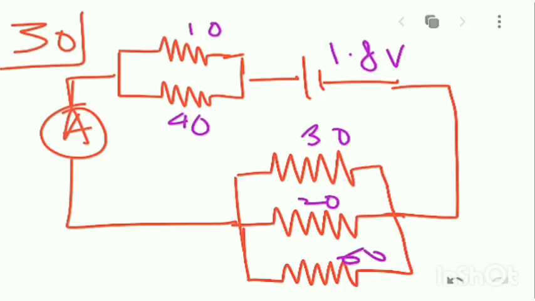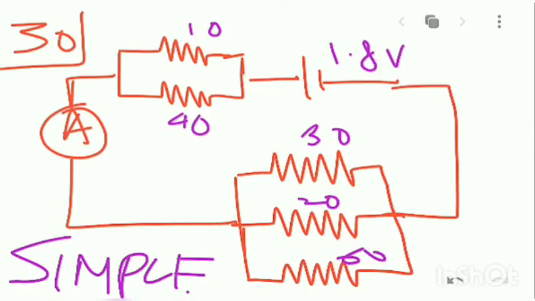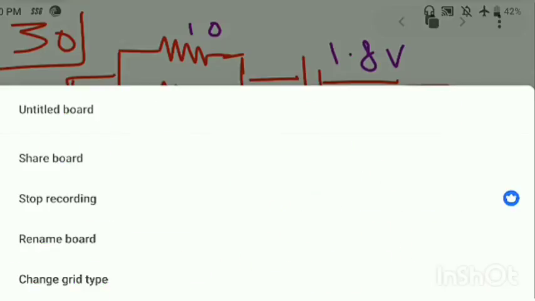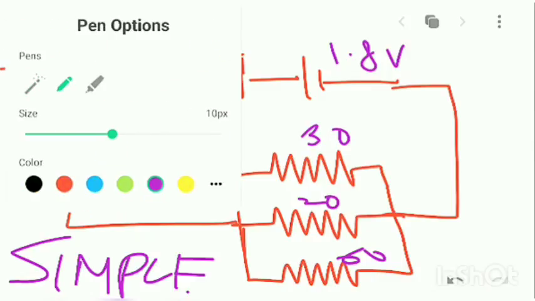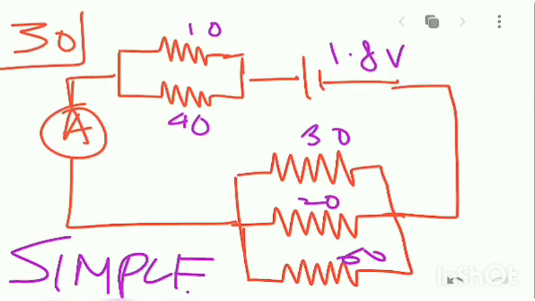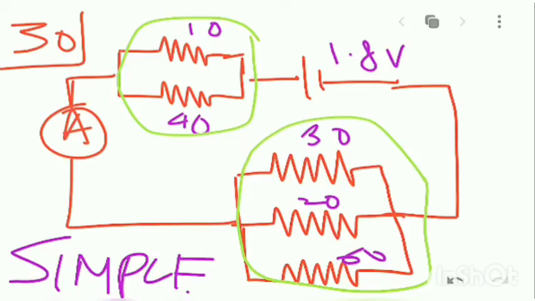Whenever this kind of multiple resistance problem is given, your first work is to simplify the circuit. Make it simple. How? By calculating the net effective resistance of that pair. Clear? Just like here we can do 2 simplifications. First we will calculate the 10 and 40 combo, and then the 30, 20 and 60 combo.